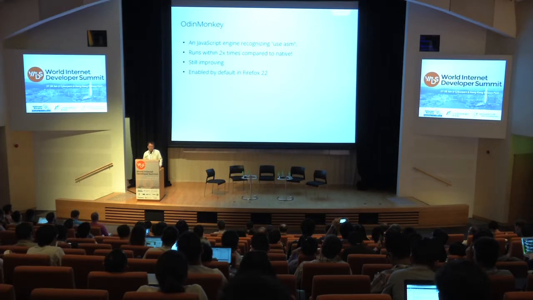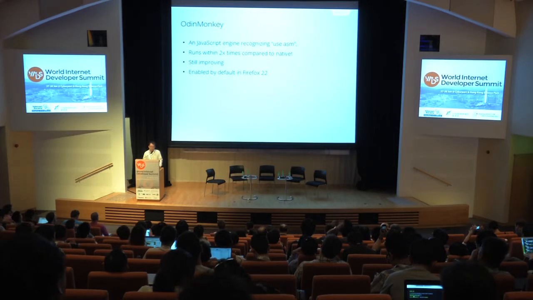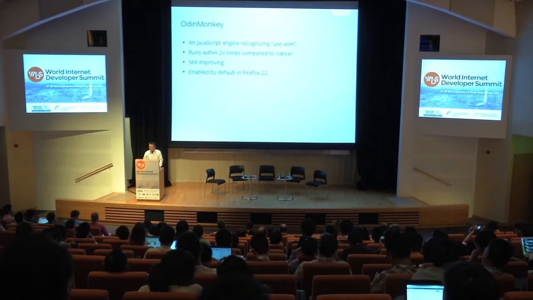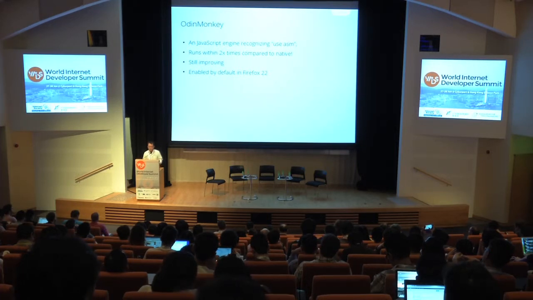Mozilla already has a working JavaScript engine that recognizes asm.js. Experiments show that the running time of JavaScript code compiled from C and C++ costs no more than double compared to native, or we can say only a 50% slowdown.